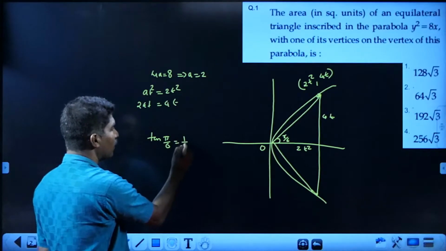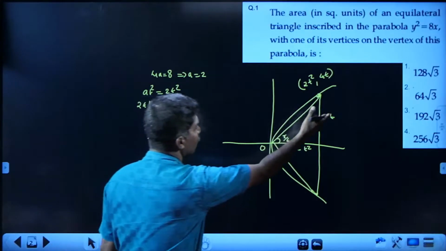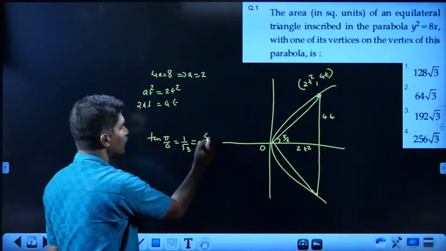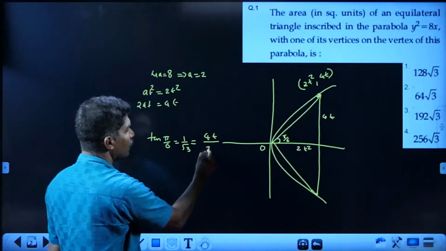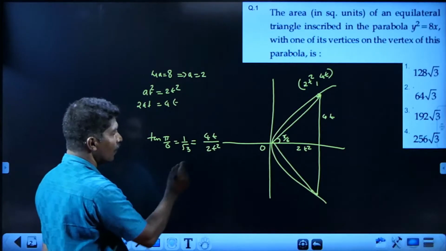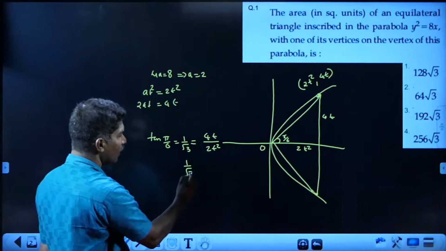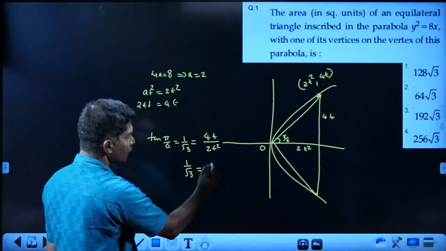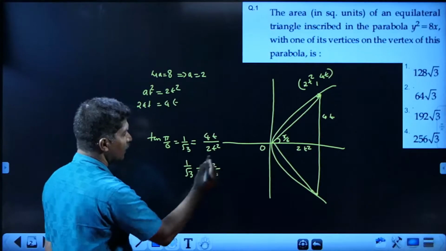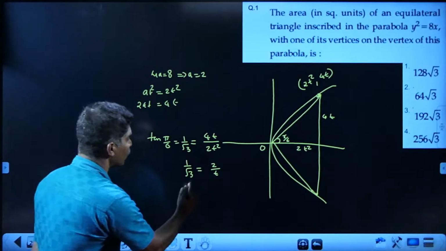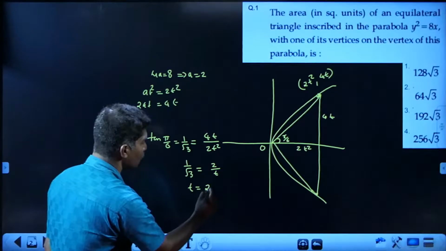That is equal to 1 by root 3, and that is equal to 4t divided by 2t square. Therefore, cancelling, t cancels. 1 by root 3 is equal to 2 divided by t. Therefore, t is equal to 2 root 3.